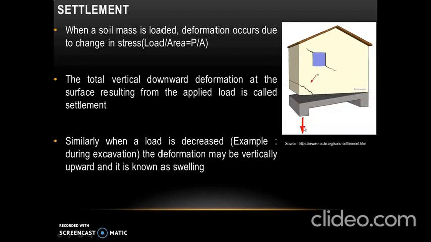One is the vertical downward movement of the soil, which is referred to as settlement, and the other one is upward movement of the soil, which is due to removal of the load, and this is referred to as swelling. So settlement is due to application of the load, and swelling will be due to removal of the load or due to decrease in the application of the load.